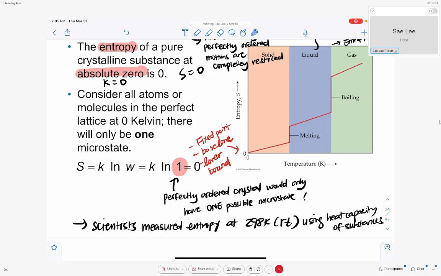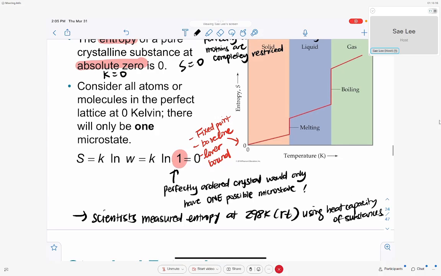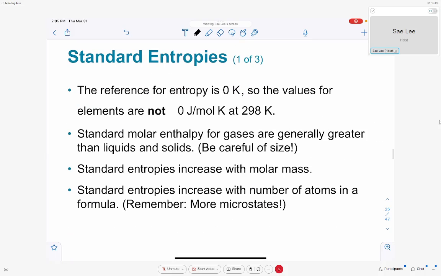Yes, appendix C. In appendix C, the measured values of entropy at room temperature are listed. We're going to see the table in a little bit.